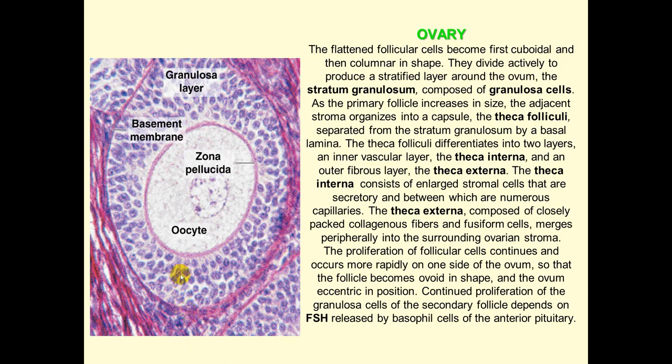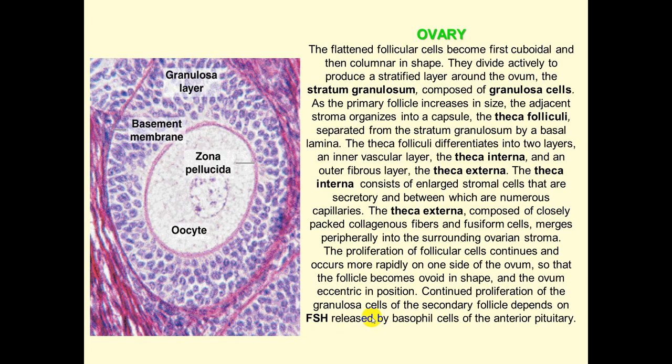Very interesting that these follicular cells are controlled by the follicle-stimulating hormone. They continue proliferation of the granulosa cells of the secondary follicle. And this FSH hormone, as you remember, is released by basophilic cells of the anterior pituitary.